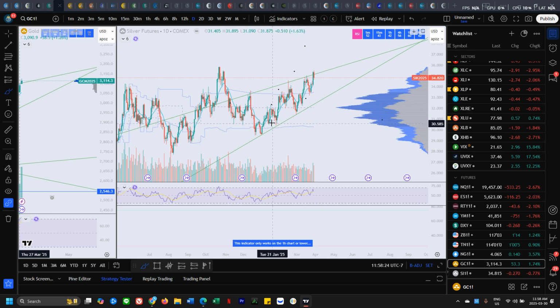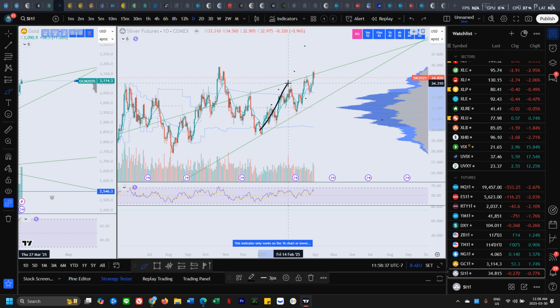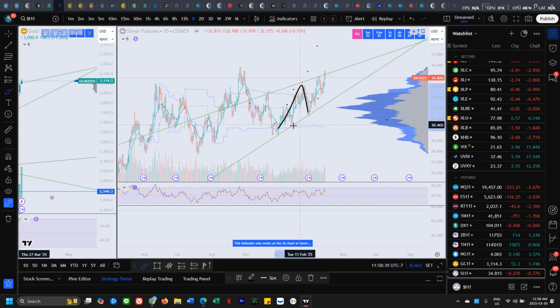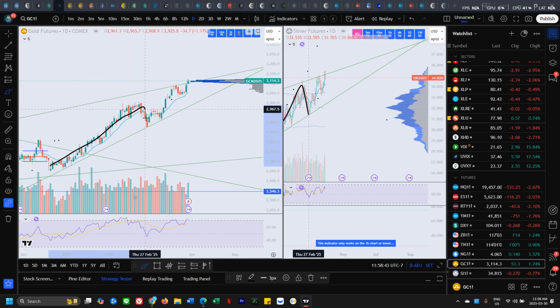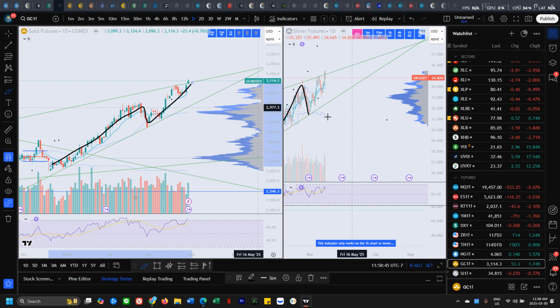I've been talking about this relative weakness for many months, where you would rather play gold with a bigger size versus trying to catch silver, which moves a bigger percentage but also gives back pretty much all of it. If you look at this move, big move up, gave back all of it. Meanwhile, gold's big move up gave back nothing and made a new all-time high.